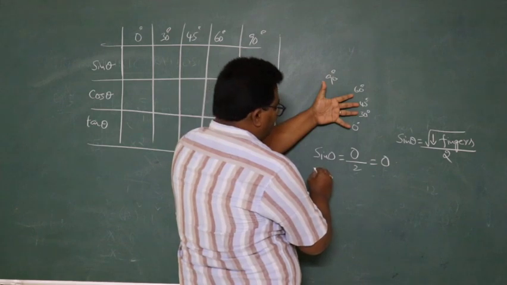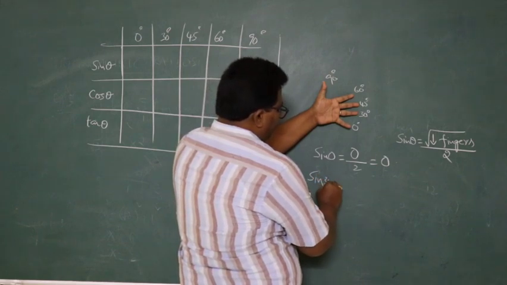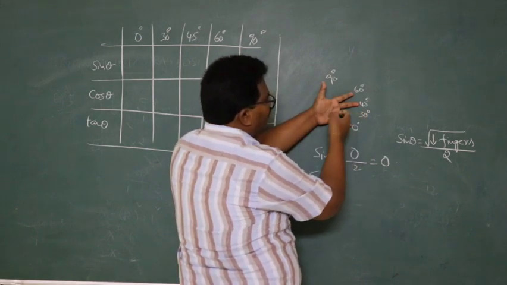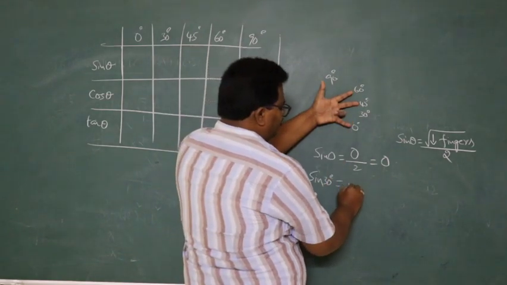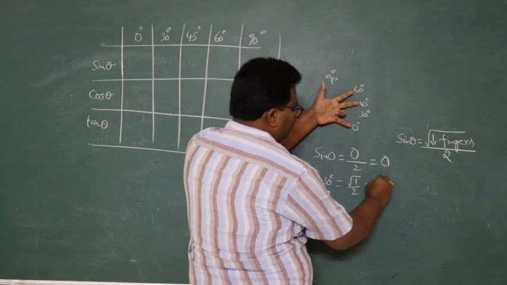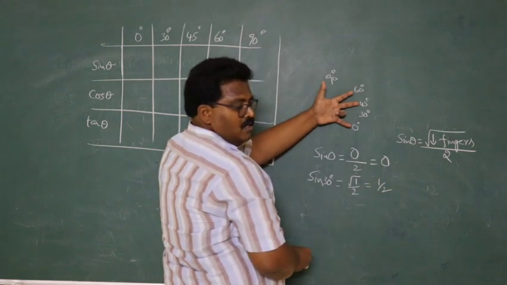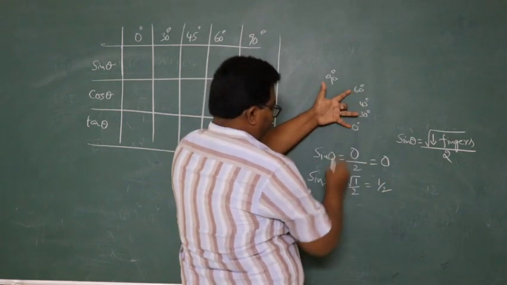For sine 30, put the finger like this. Below how many fingers? One finger, that is root of 1 by 2, that is 1 by 2. The next one is 45.